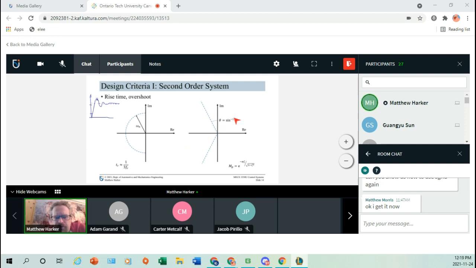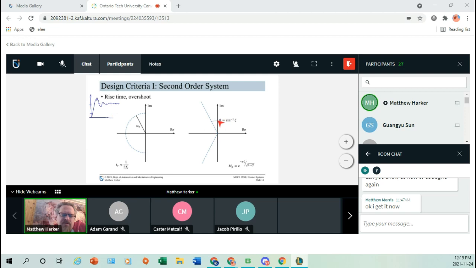And then our overshoot was largely dependent on the damping ratio. So this is basically a formula again for that second order system, essentially the percent, the magnitude of this as compared to the step. So for different overshoots, we'd have different damping ratios, which would be acceptable.